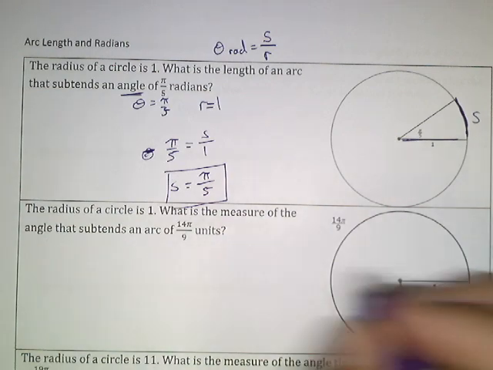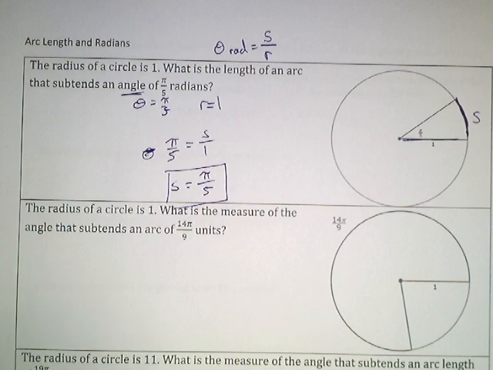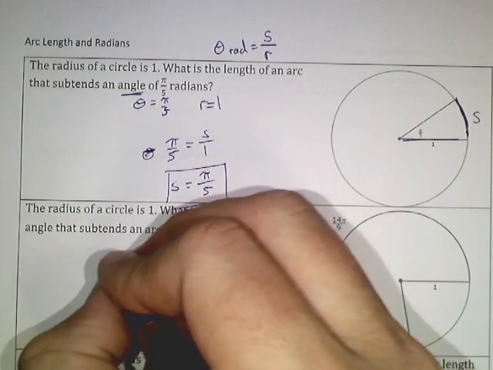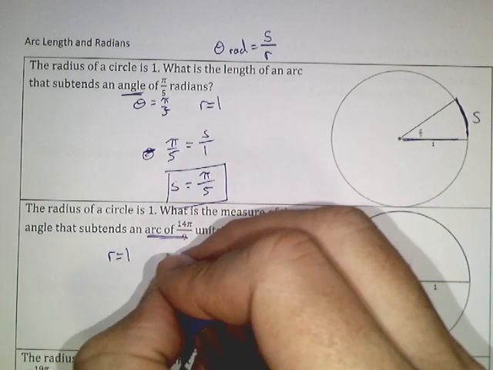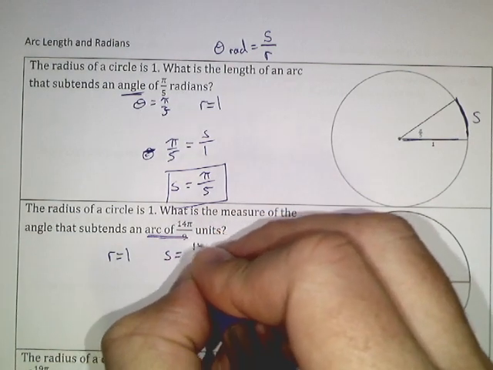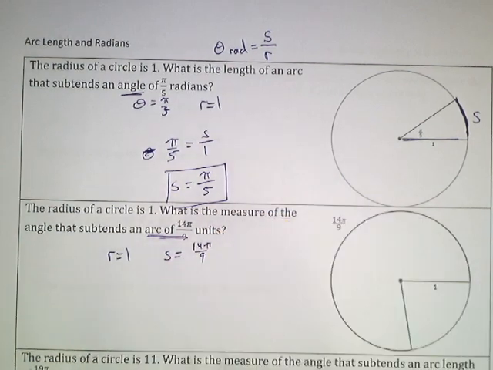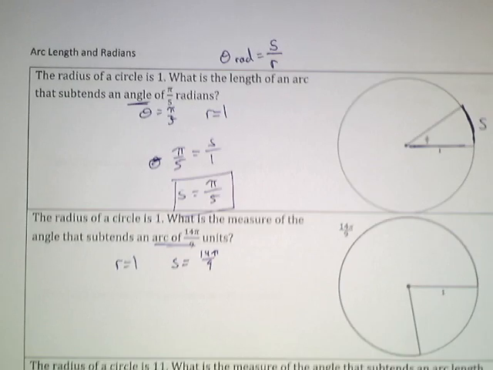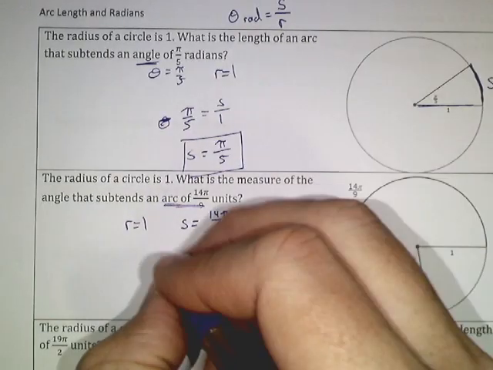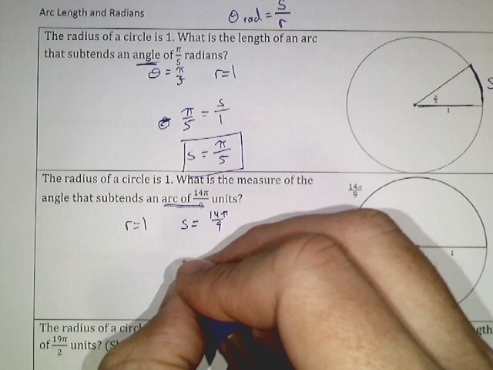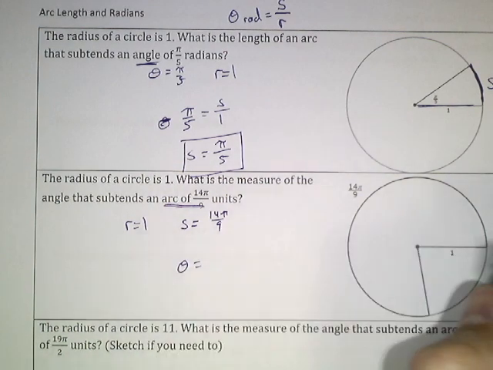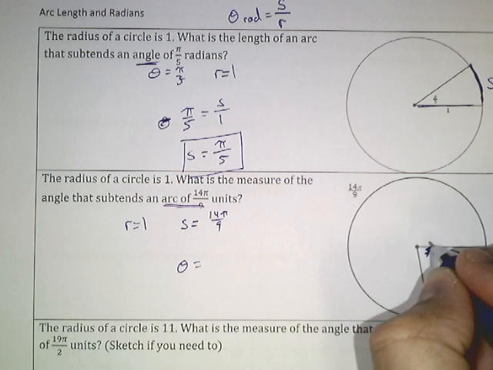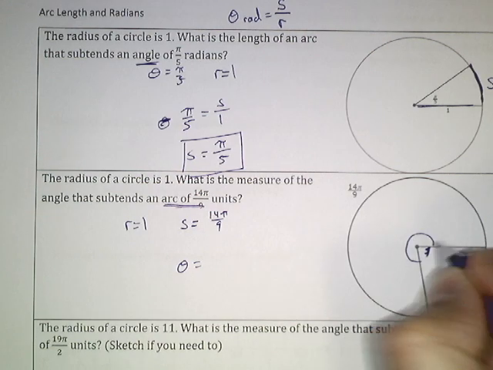Here the radius of the circle is 1, and so R equals 1. This says the arc, so that's S, is 14 pi over 9. And you have two choices. You can either plug this into the formula where theta is, so we're looking for the angle, this angle right here.